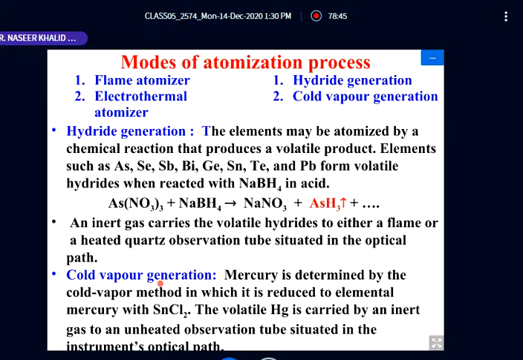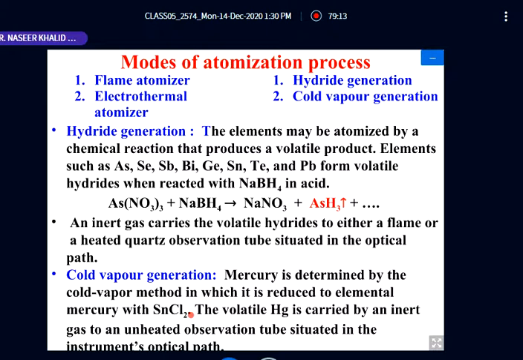Now, the other technique is cold vapor generation. Here vapors are generated by a chemical reaction at room temperature, in the atomic form. For example, mercury is a volatile element, because mercury can evaporate even at room temperature.